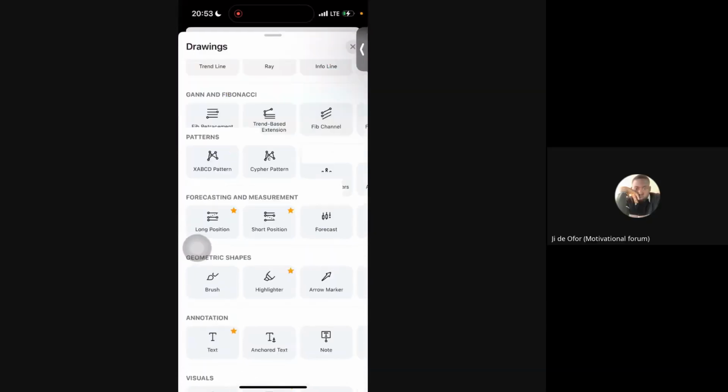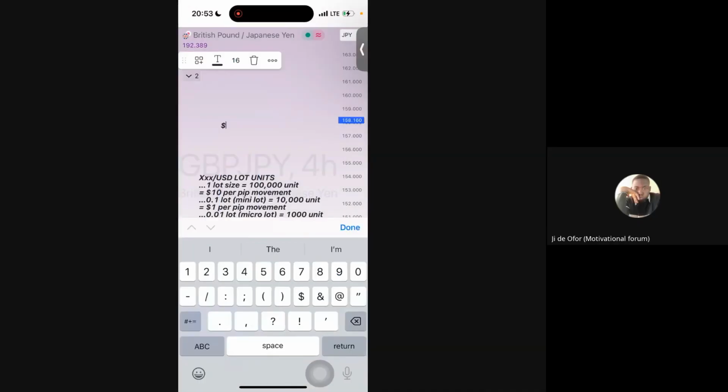So if you have like a $10 account, let's say you have a $10 account, and when you were creating your trading account, the leverage you used was 1:1,000.